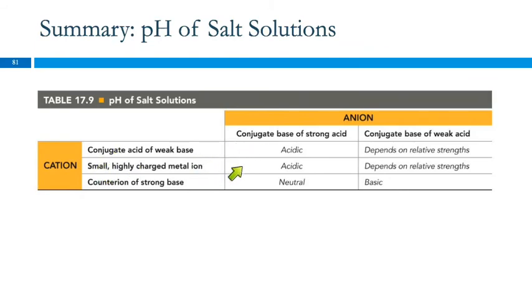If the cation is also neutral, then the solution is neutral. If we have the conjugate base of a weak acid, this acts as a base. We will have a basic solution if the cation is neutral. But for these other 2, where the cation is acting as an acid, it's going to depend on which one is stronger.